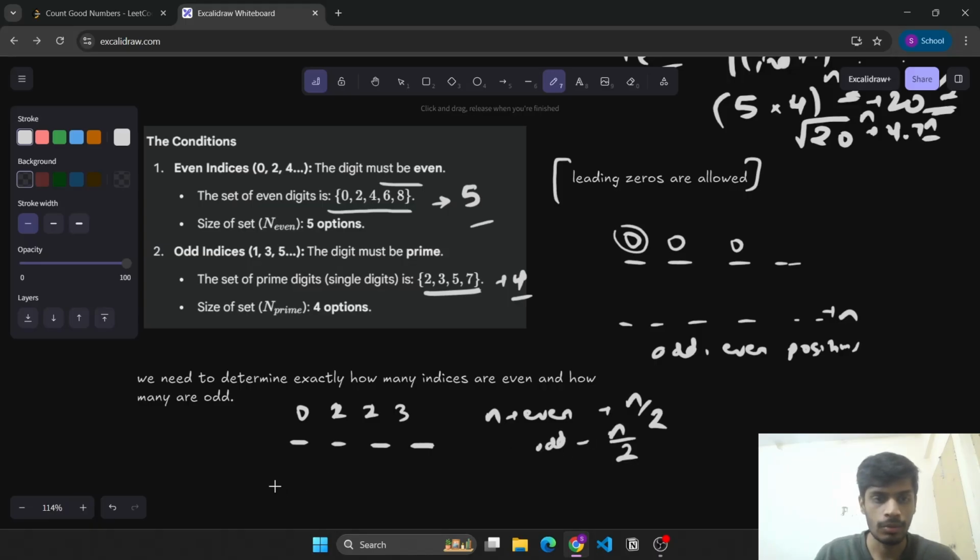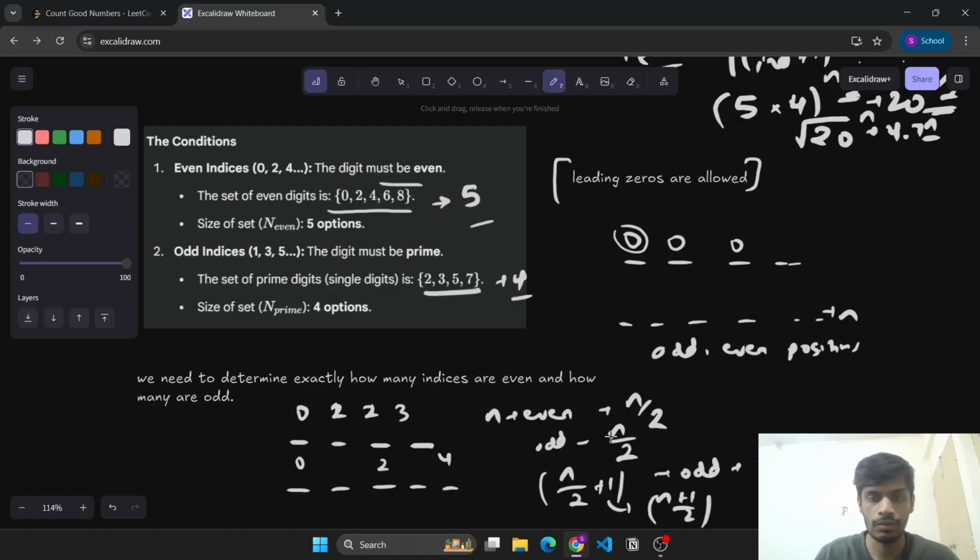And if n is odd, then the even indices are n by 2 plus 1, and the odd indices are n by 2 only. So we can reduce this to n plus 1 by 2 so that it satisfies both conditions.